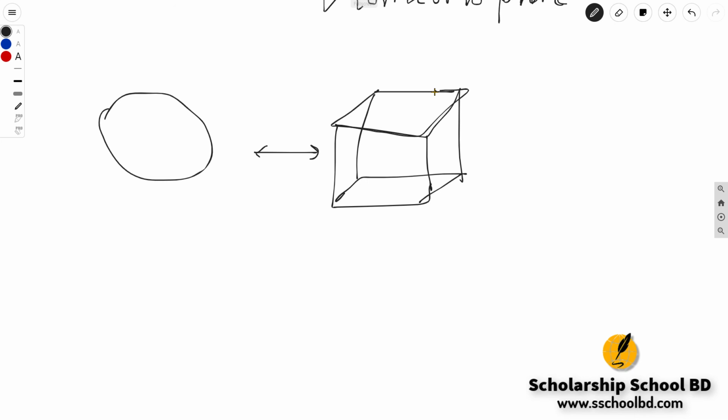I already told you in the very beginning of this video that topology is the study of the various kinds of deformations: twisting, compressing, stretching, things like that. You cannot cut it, but you can definitely compress it, stretch it, twist it. Coming back to this discussion, you can definitely decompress these corners of the cube and make it round and round in such a way.